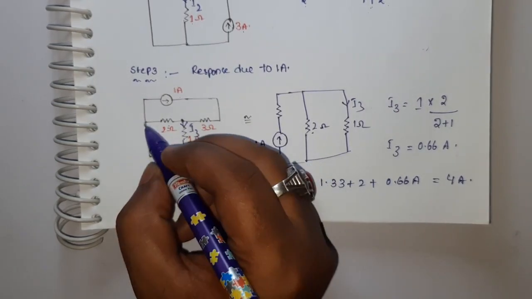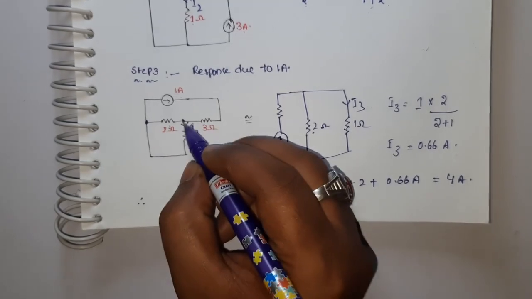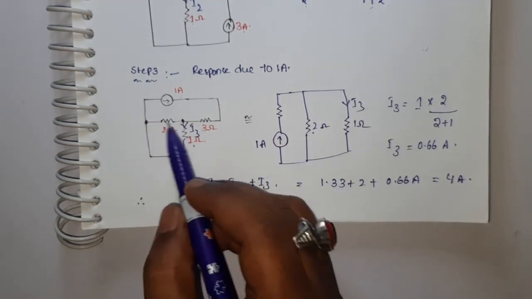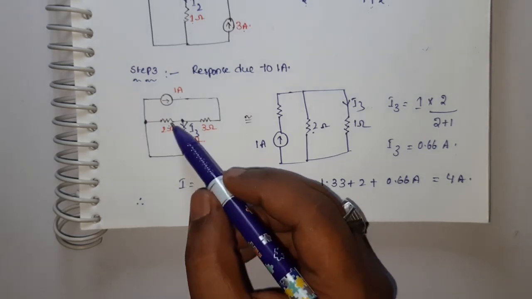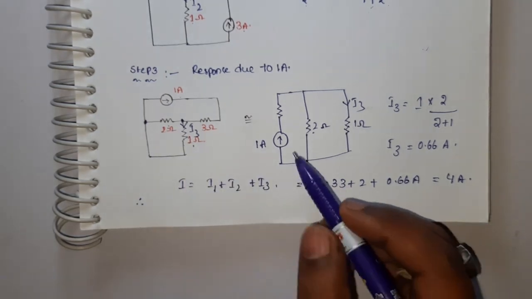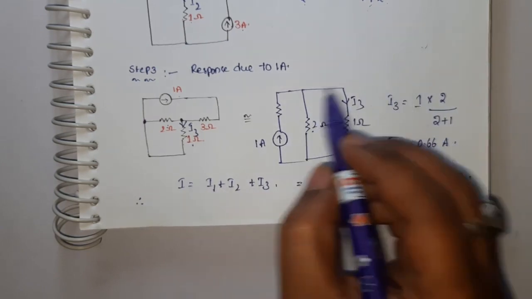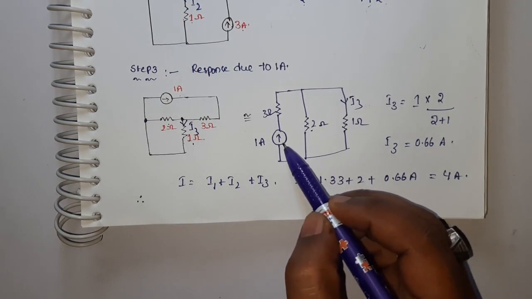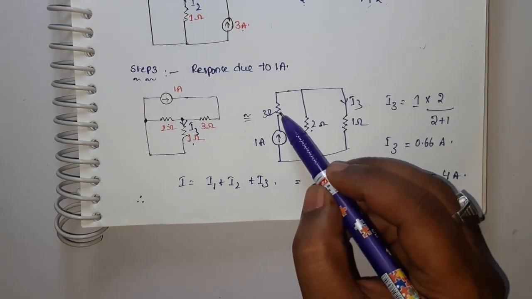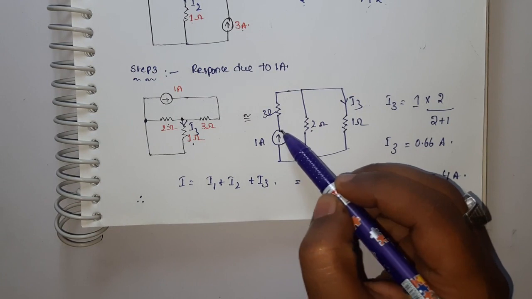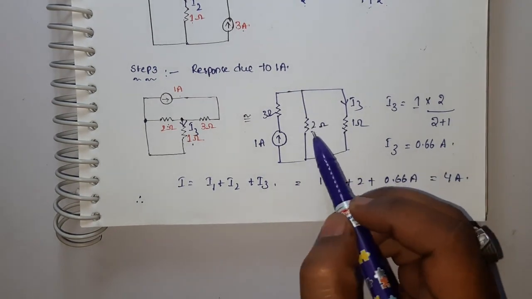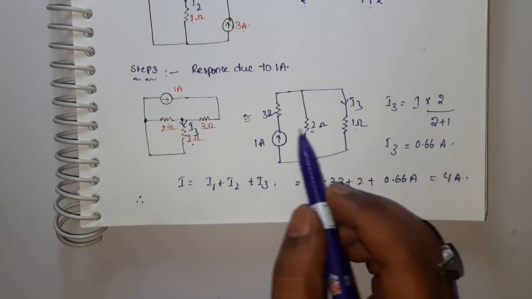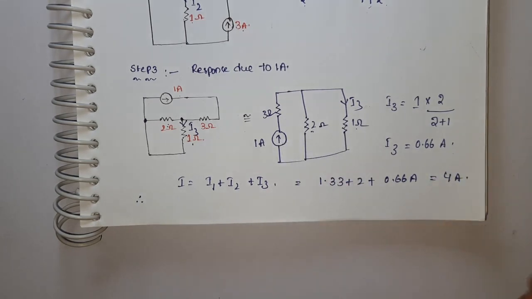One end is connected to one node, and another end is connected to the other node, and the voltage across these two is the same, so we can call this a parallel connection. When we write the equivalent circuit, it can be turned into a 1 ampere current source, and the 3 ohm resistor is in series with this 1 ampere current source, and 2 ohm and 1 ohm are in parallel, which is in parallel with the 1 ampere current source.